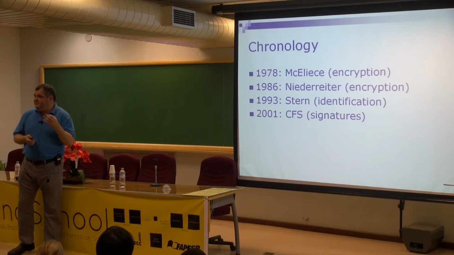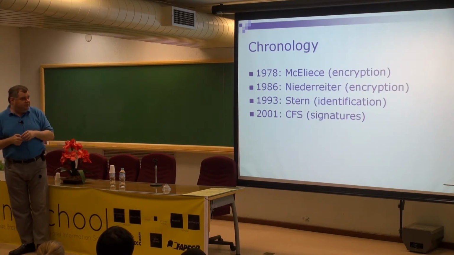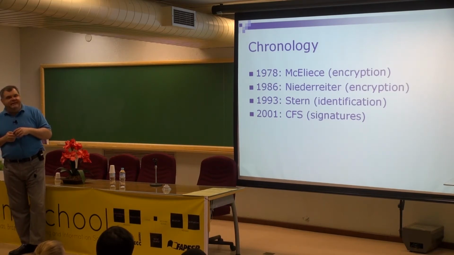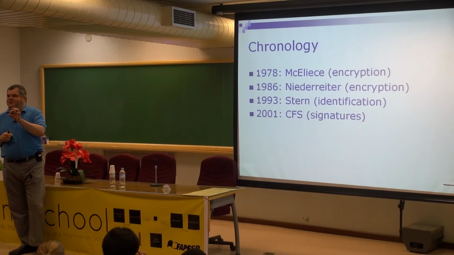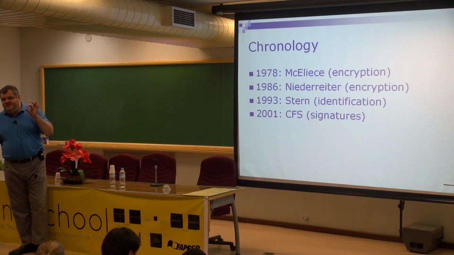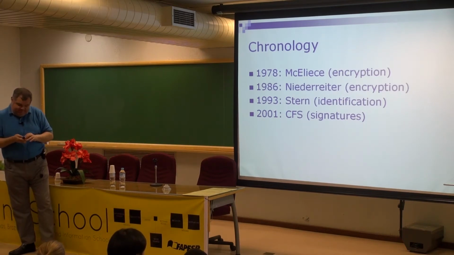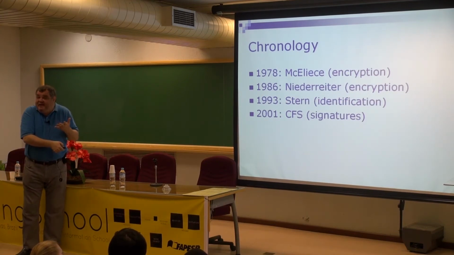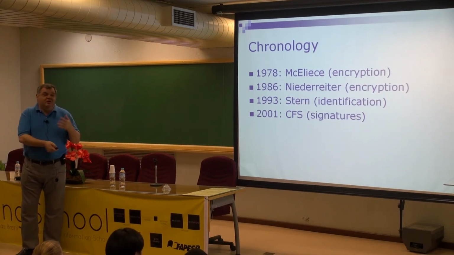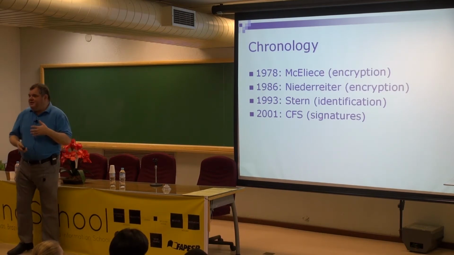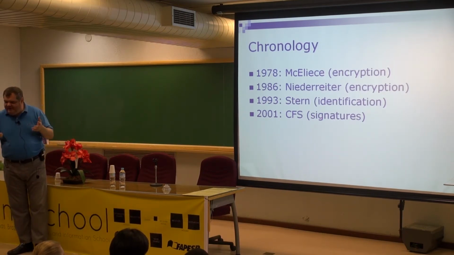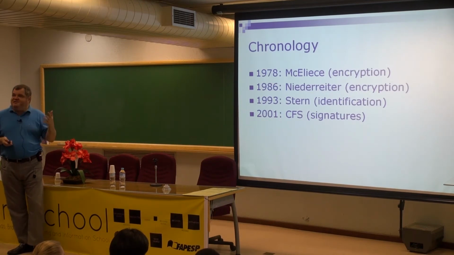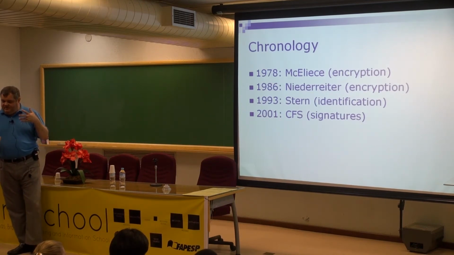CFS are the initials of the designers, Courtois, Finiasz, and Sendrier. We'll also see that although signatures are very short, keys are enormous, and signature generation times are equally long. So neither the signature scheme based on Stern's identification scheme nor CFS signatures are really practical. But it's possible to obtain code-based signatures, although they are not really practical.